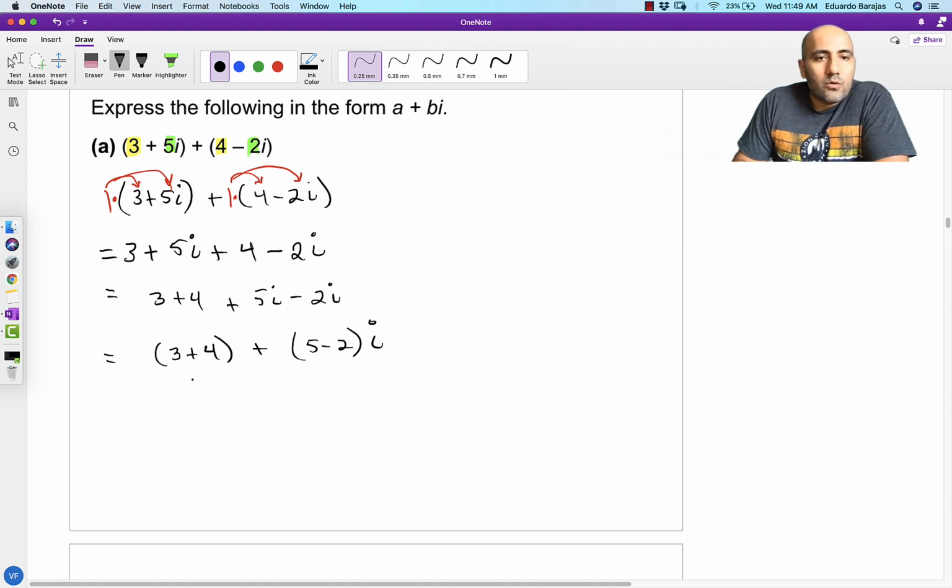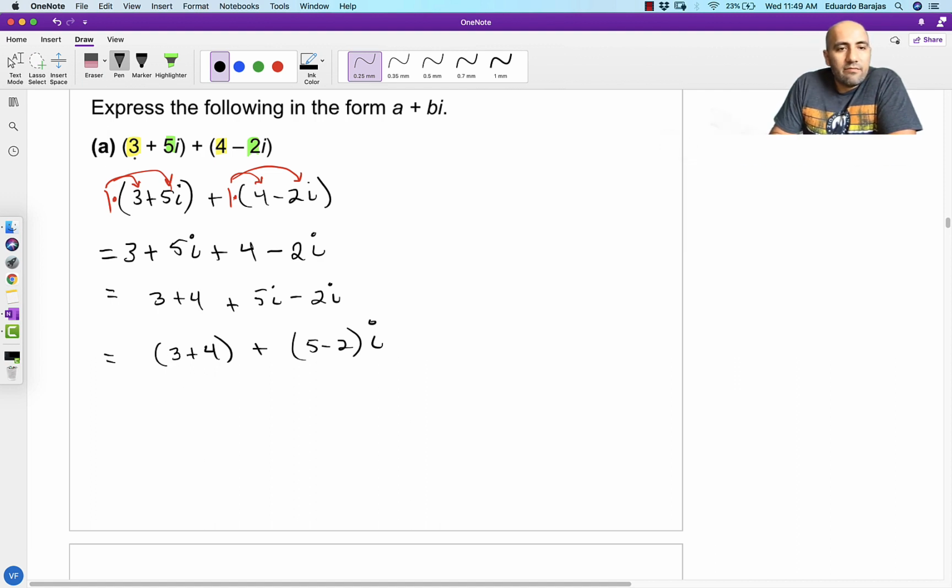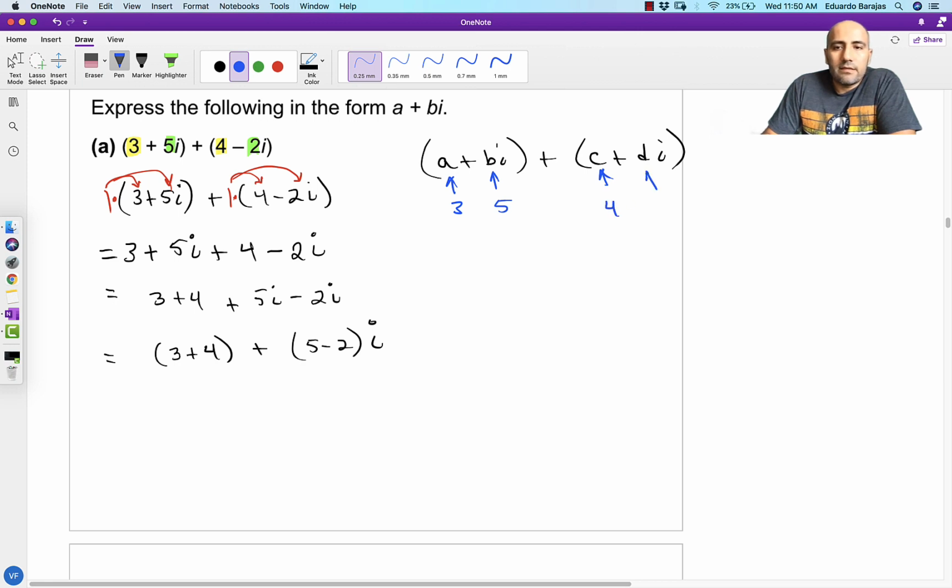So note that this is the a from here. If we had a plus bi plus c plus di, note that in this little example, that would mean that this is the 3 and this is the 5, and this is the 4, and the d is negative 2.